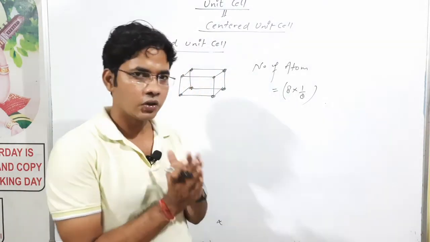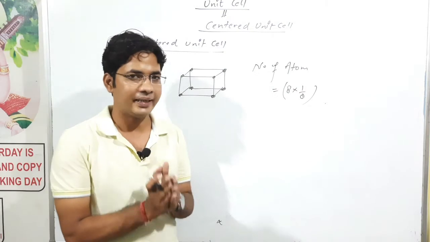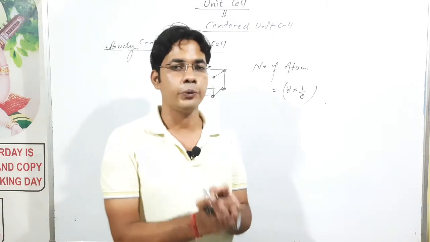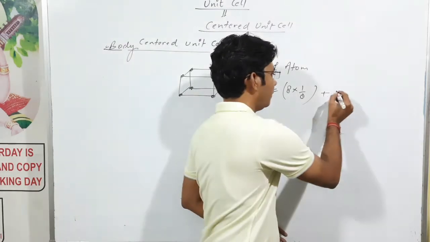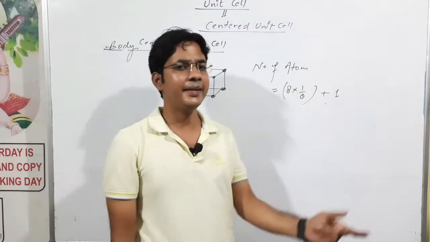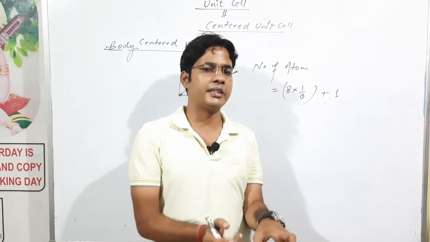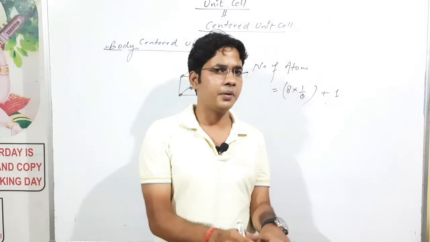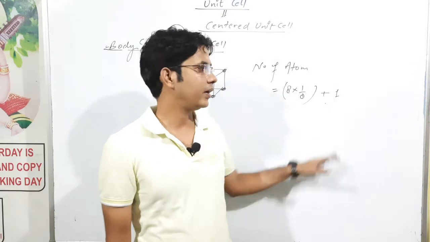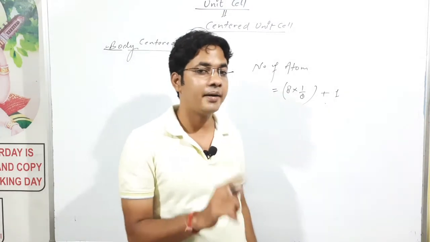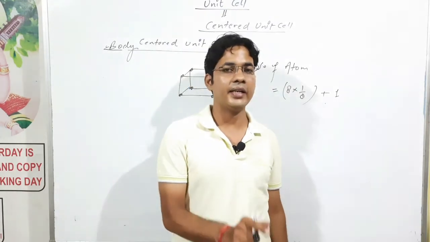Okay, so if there is one atom present exactly in the center of your room, how many atoms will be there? Only one atom. Basically we have to consider it as 1, and this is not shared by any other unit cell.